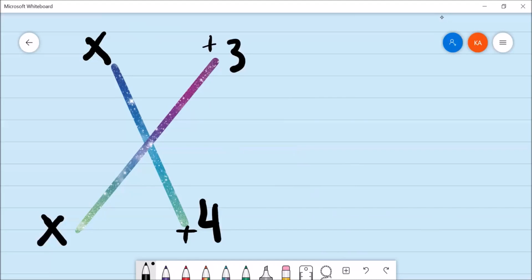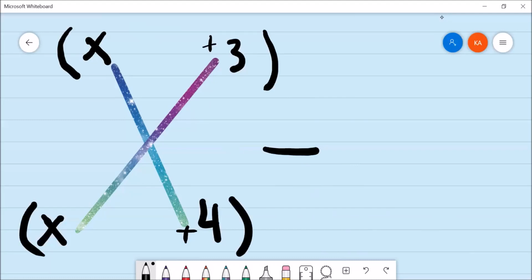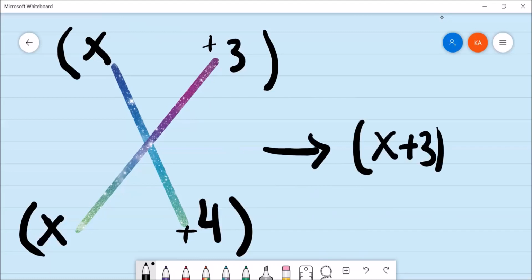We take in the first bracket the first horizontal factors, and in the second bracket the second horizontal factors, and we write it like this: x plus 3 times x plus 4. This is how we factorize the numerator of our question.